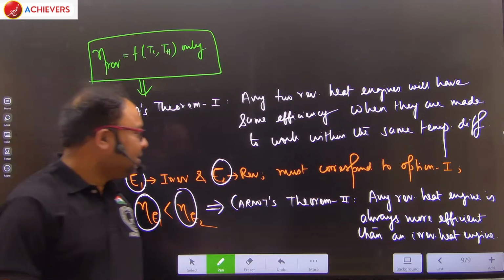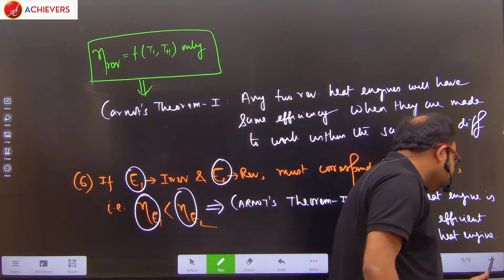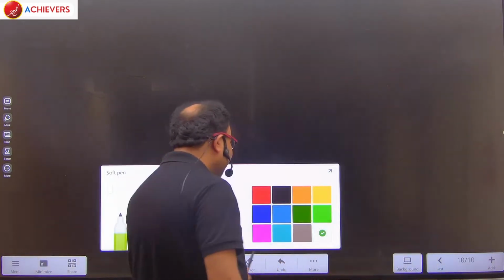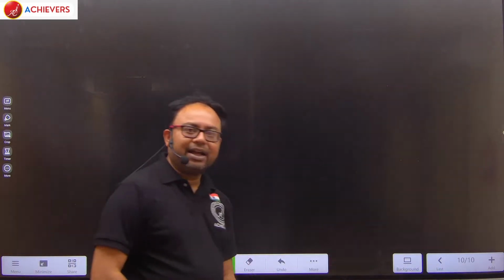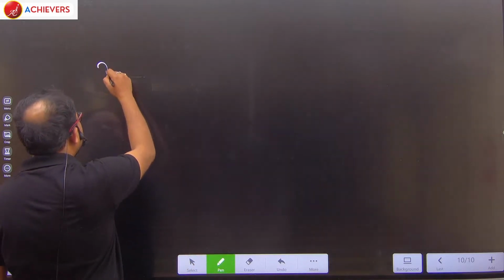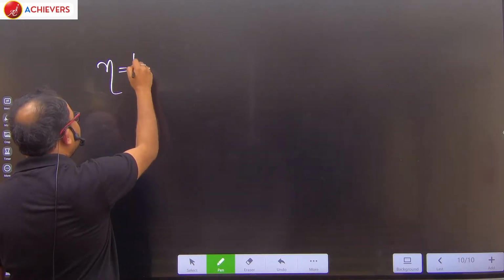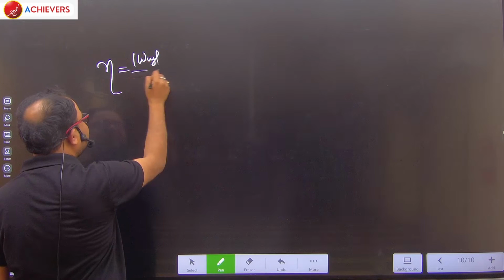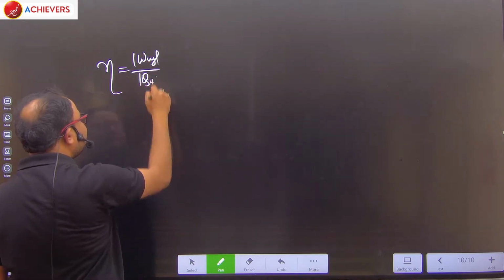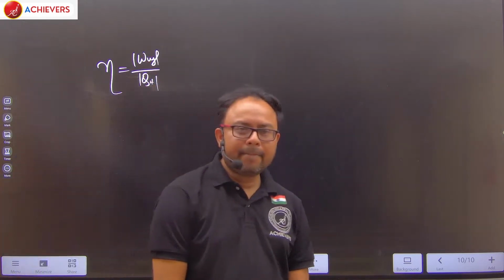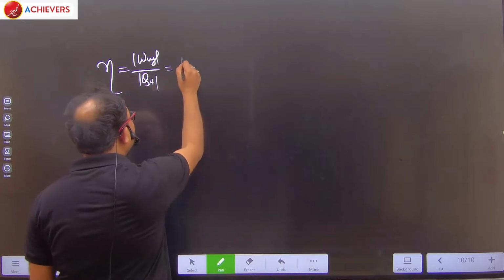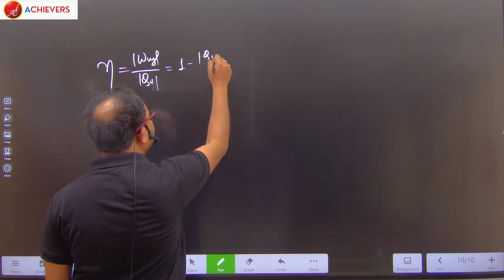So far, what we have found, in a single line we can write. The general expression of eta is mod W cyclic by mod QH, which is again equal to 1 minus mod QC by mod QH.